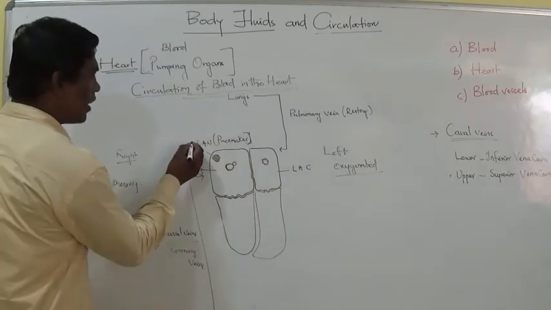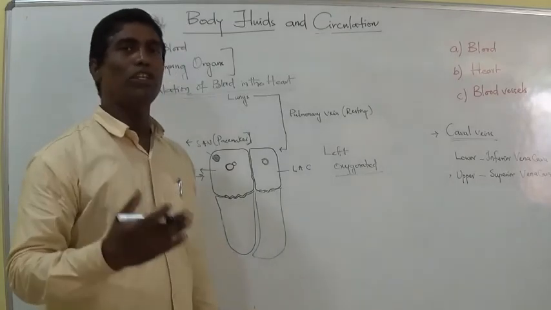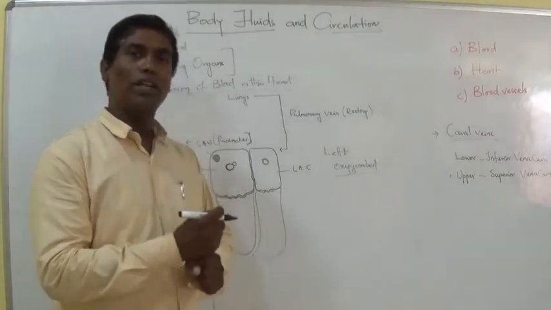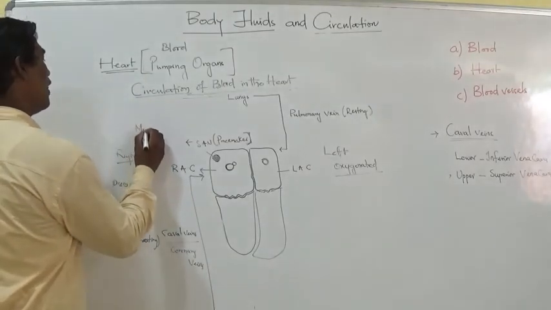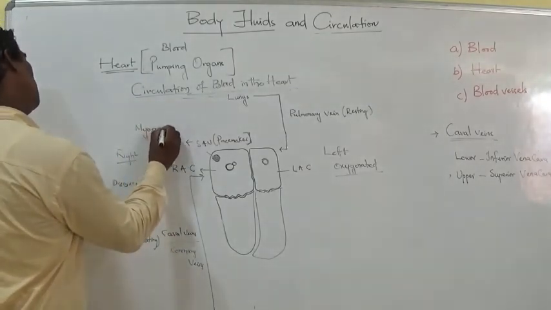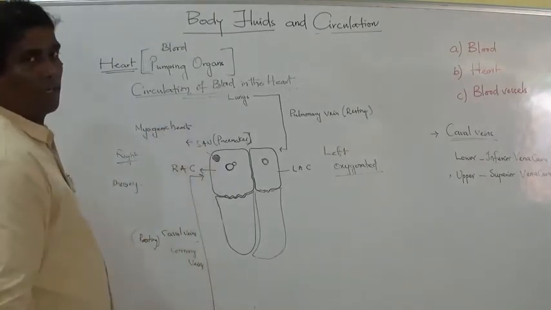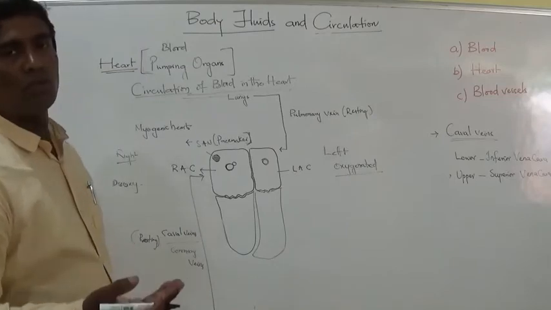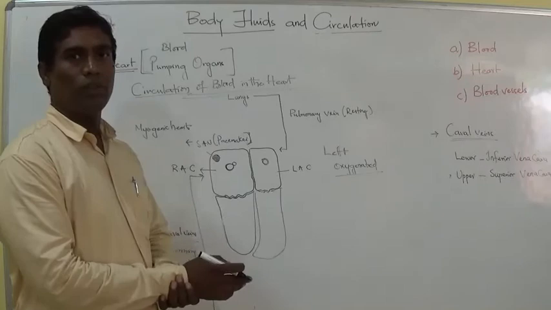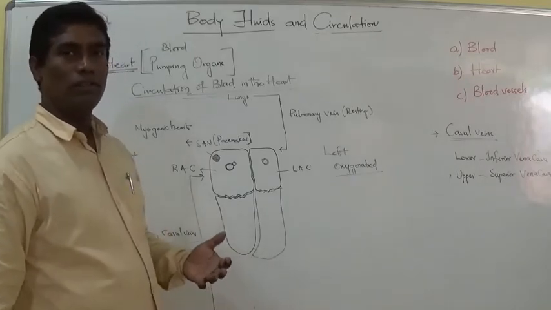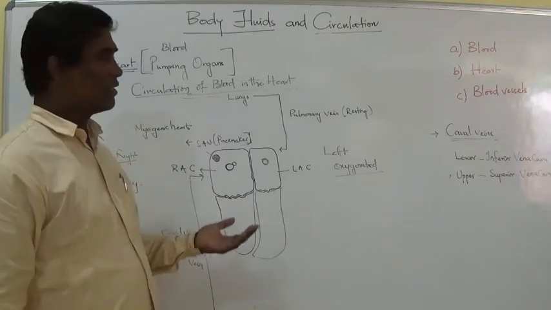And such hearts which don't have any ignition from the neural system to contract and to relax are usually called myogenic hearts. Almost all the organisms that come under phylum Chordata, Echinodermata, as well as Mollusca have myogenic hearts.